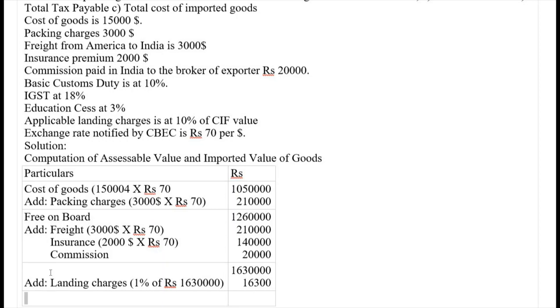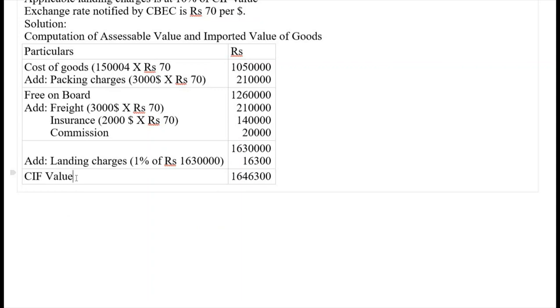So the sum of this will be the CIF value, which will be 16,46,300.